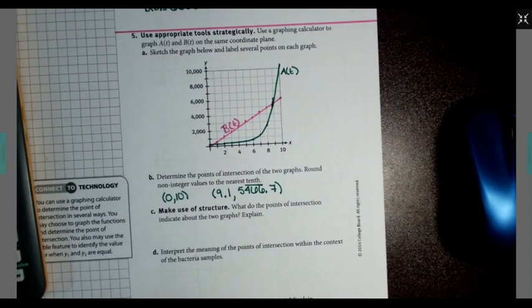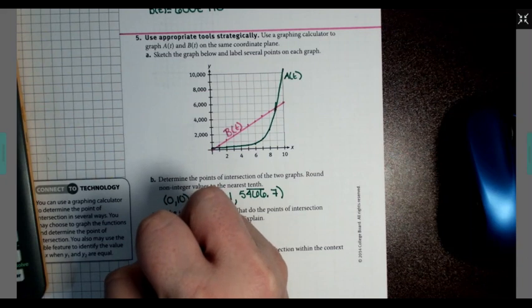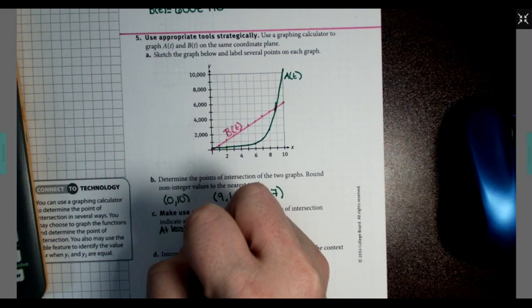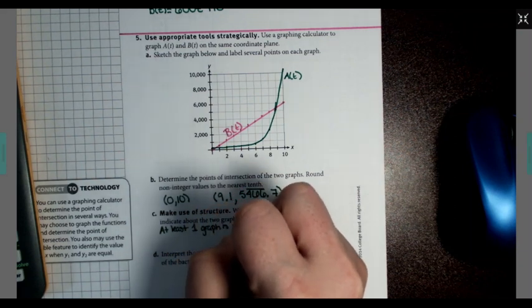What do the points of intersections indicate about the two graphs, and explain? Well, I know that at least one graph is not a line.